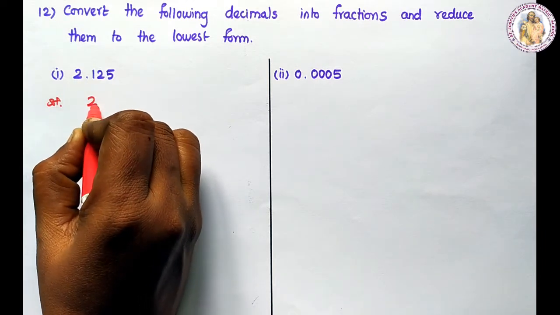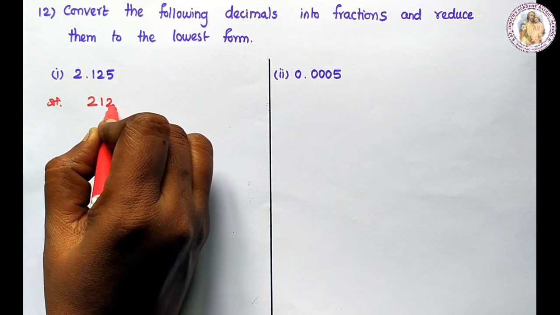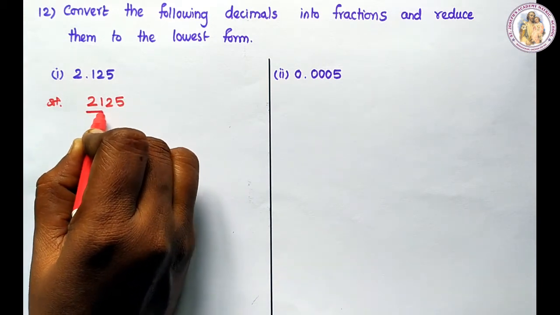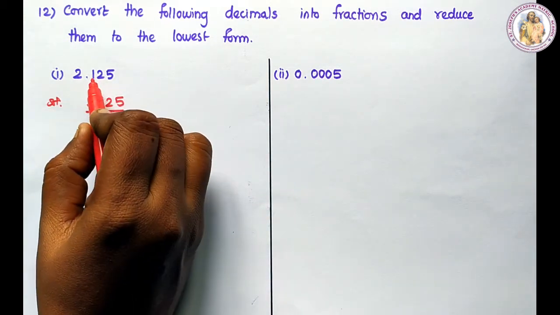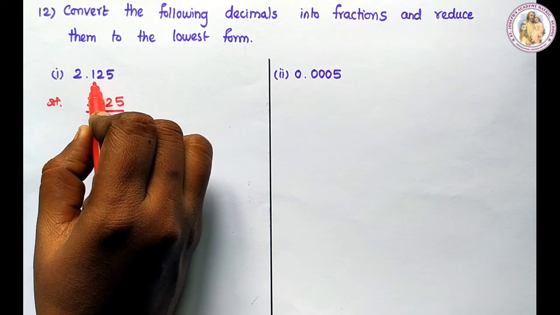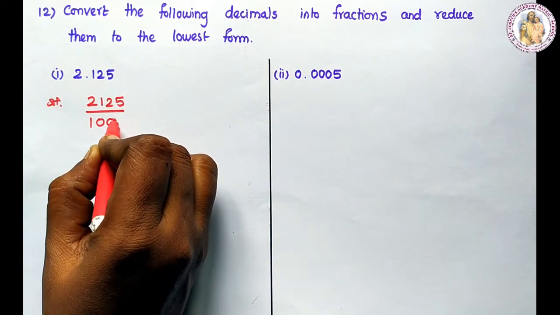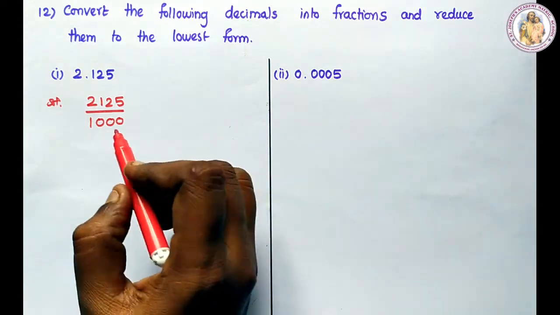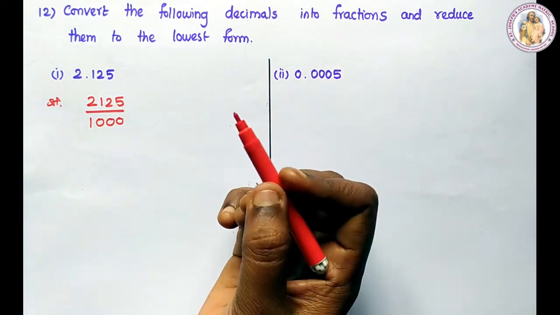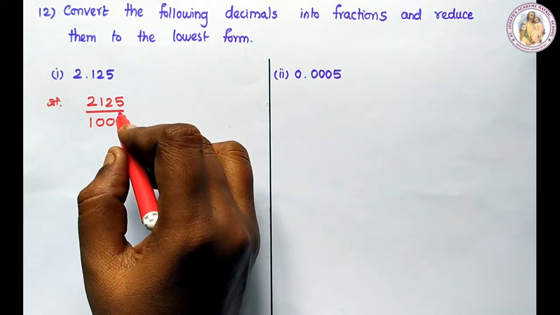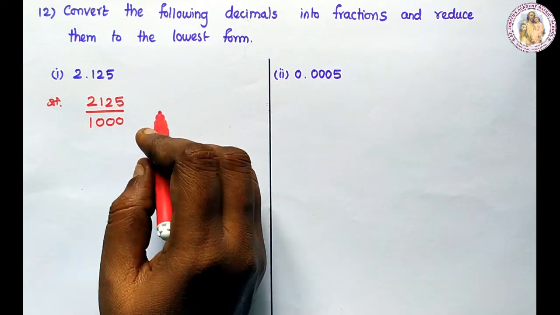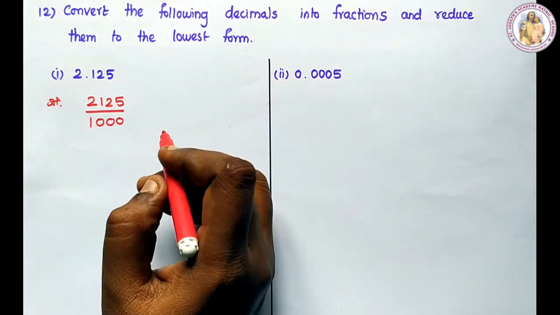So that is 2125 divided by how many digits after the decimal point? That is 1 2 3. So 1000 we have to put here. So it is in fraction now. And then simplify that, reduce that into lowest form.